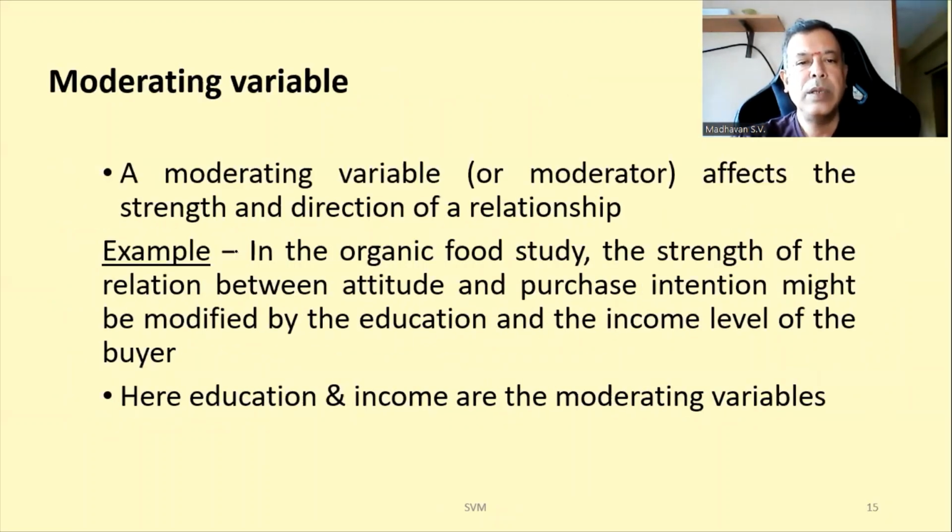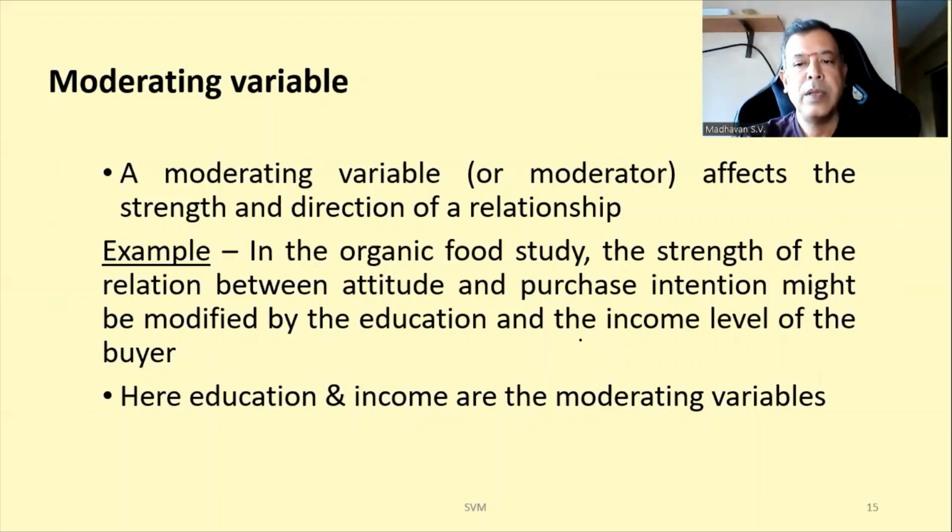Moderating variable, it is also called a moderator. It affects the strength and direction of a relationship. Again, coming back to the organic food example, the strength of the relation between attitude and purchase intention might be modified by education level and income variables.